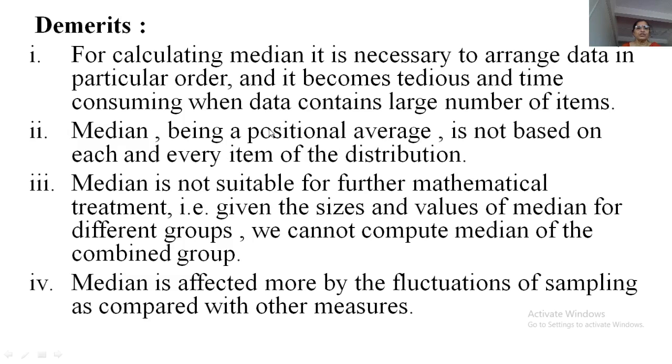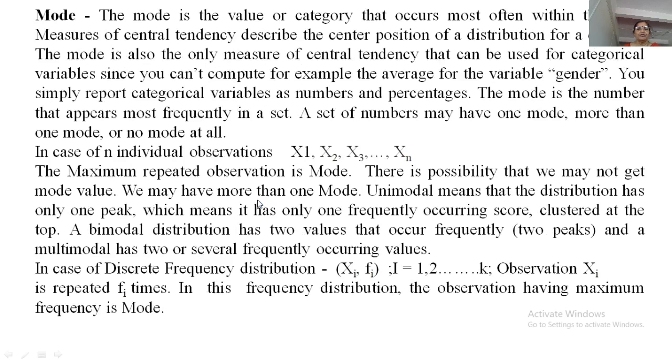So median is not based on all observations in the data, and therefore it is less sensitive to the data set. Further, median is not suitable for further algebraic manipulations. Just like arithmetic mean, we cannot compute median for grouped observations. Further, median is affected more by sampling fluctuations as compared to other averages. So these are the demerits of median.